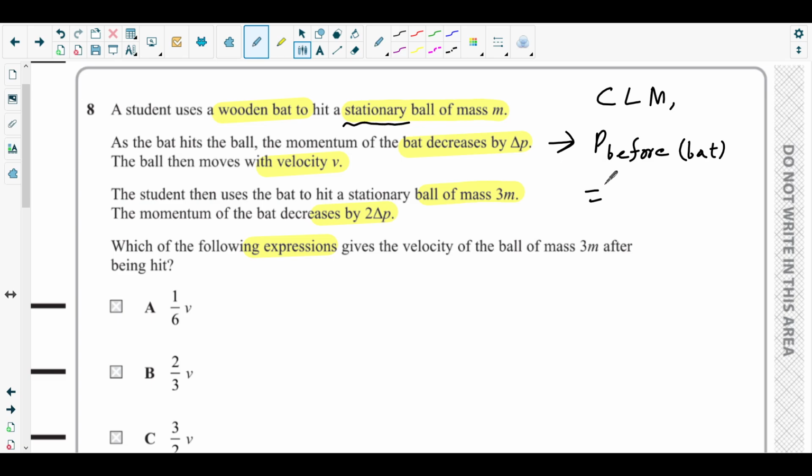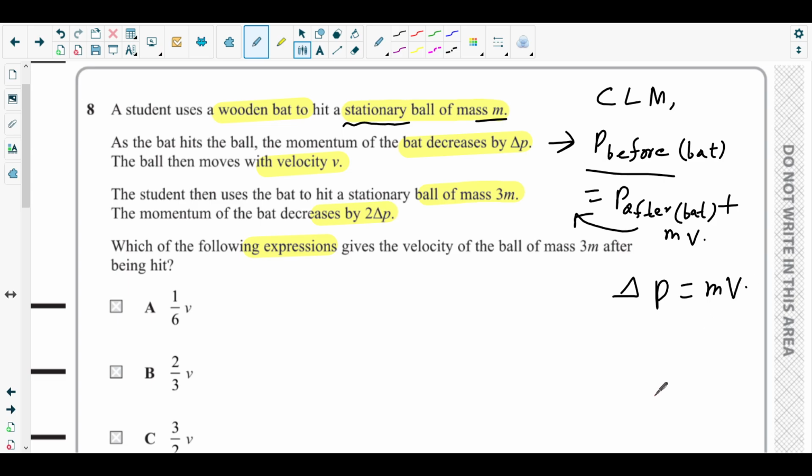P before equals the momentum of the bat after impact plus mv, the momentum of the ball, right? So P before minus P after is del P, the momentum of the bat decreases. If you take it to the left hand side, you get del P equals mv.